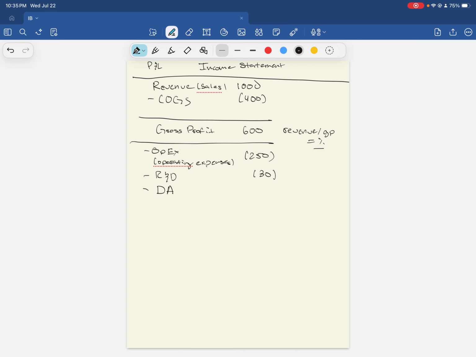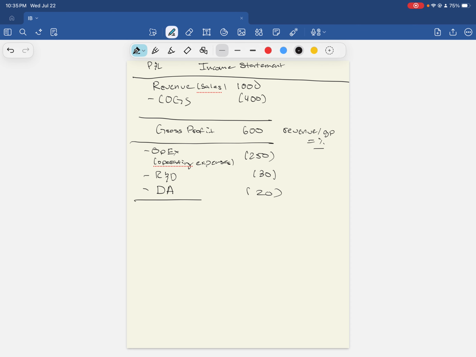In 5 years, it's not going to be worth $30,000. Maybe it'll be worth like $12,000, right? It just depends, because it's a non-cash expense, and you're basically spreading the cost of long-lived assets over their life. And here, no cash leaves. So that's what your D&A is. Say your D&A is $20.